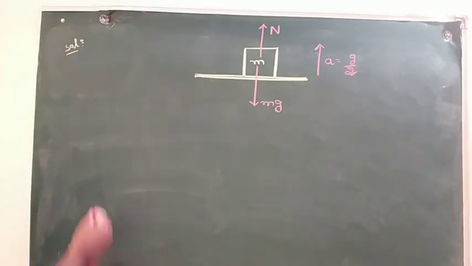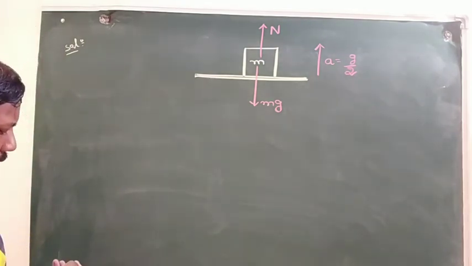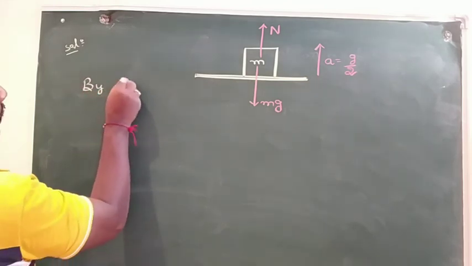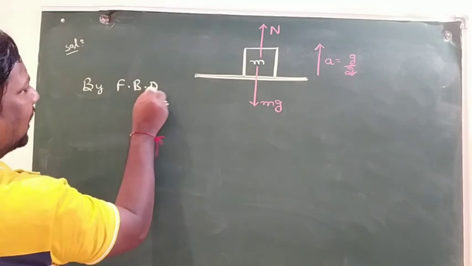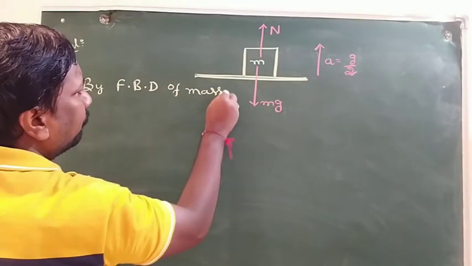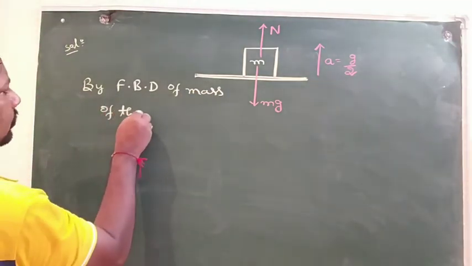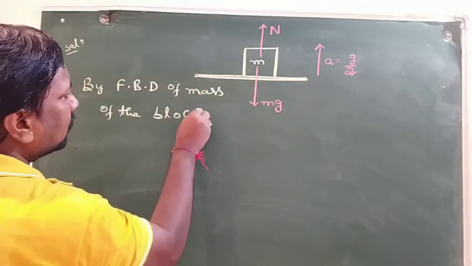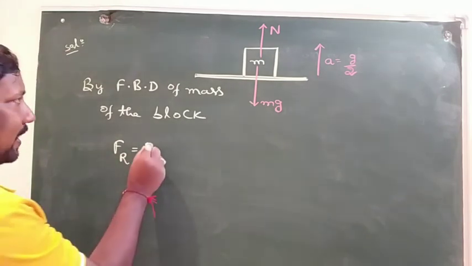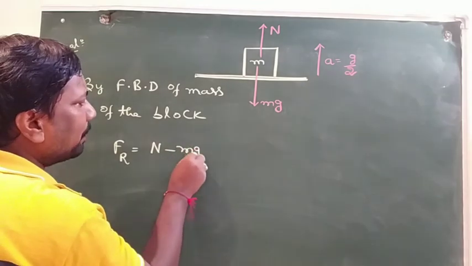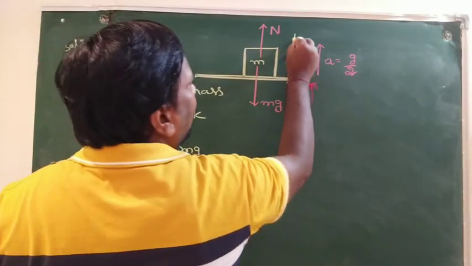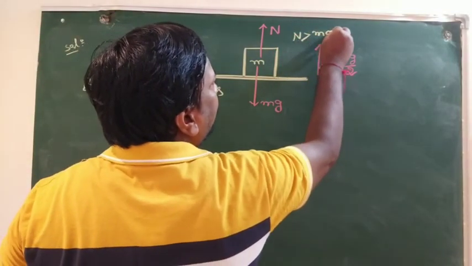Now the resultant force acting on the block, from the free body diagram of the mass of the block, is Fr = N − mg. Why? Because the resultant force acts in the upward direction, so the normal reaction is greater than the weight of the block.